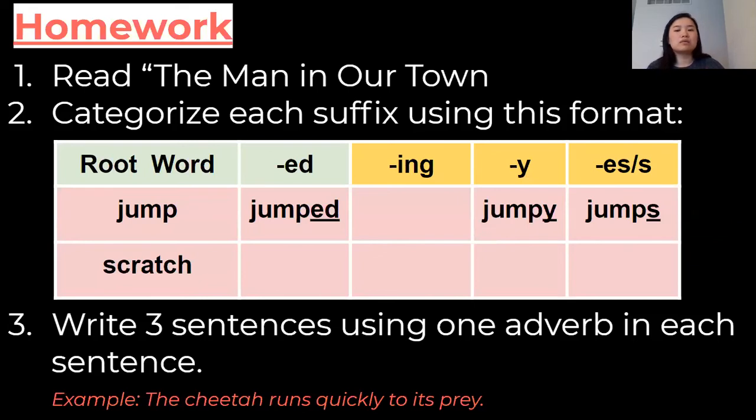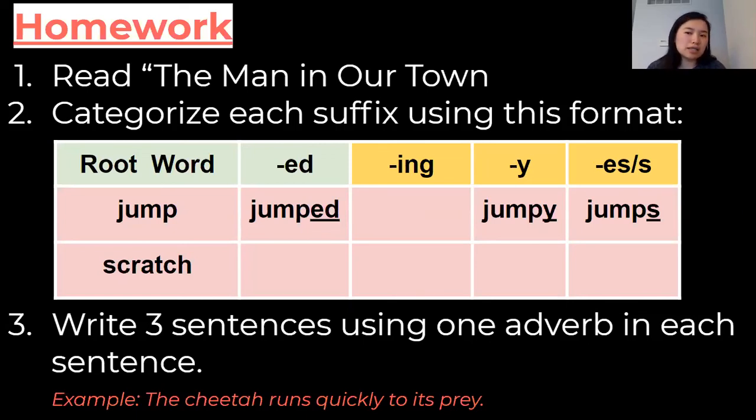Then there are 4 suffixes, ed, ing, es/s. Okay, so I did an example with the root word jump because that is one of the words in the Man in Our Town.